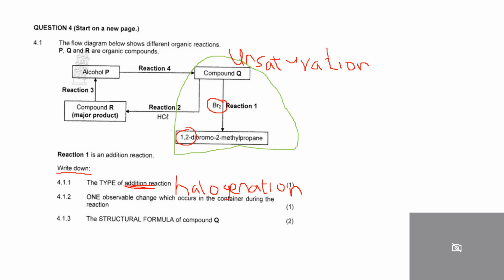In the second question, we are asked what do we observe? In other words, what do we see when we carry out this experiment in the laboratory? What can we see with our own eyes? Just like I've said before, the color of bromine water will be decolorized.